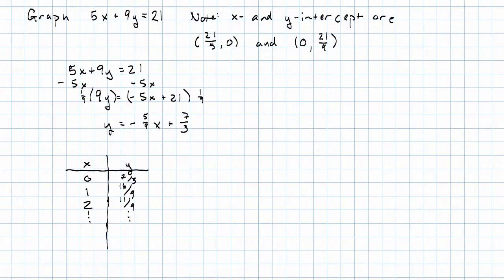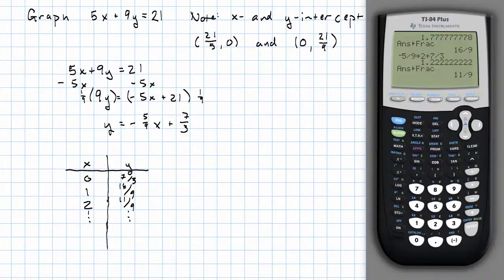Instead of doing these tedious calculations myself, I'm going to have my calculator do them. I'm going to go into y equals, clear out what I left lying around, put in negative 5/9 x plus 7/3, and then hit second followed by the graph button to look at the table. Hey, the place that my table's set happens to have a nice pair.